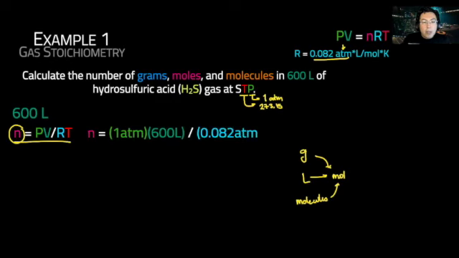So as we have all of this information provided by the problem, let's fill in the blanks. For pressure, what do we have? Standard pressure, which is 1 atm, which is right here. The 600 liters is provided by the problem. So now we have the first section, which is the numerator, P and V. What about the R?